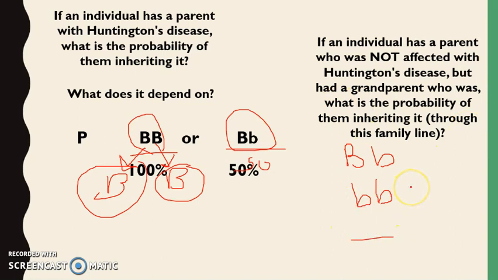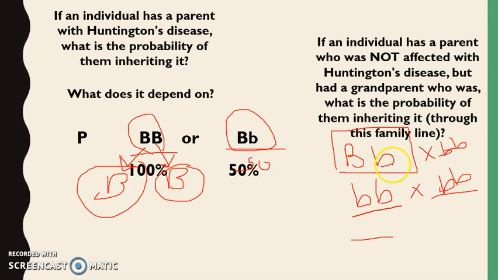Well, because Huntington's is rare, we assume that when they mate, they're going to mate with a homozygous recessive, because that is the wild type and the most common. But through this family line, because whoever the affected parent mated with, we can see that this offspring inherited this recessive allele as well as this recessive allele.